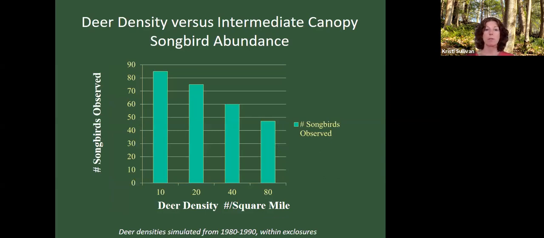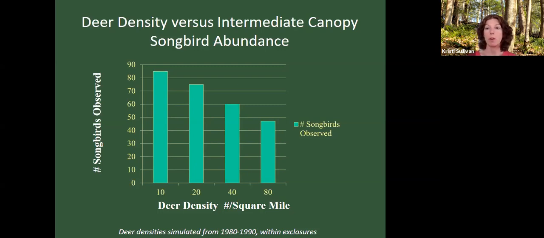There's been a lot of research over the years looking at how deer affect other wildlife species, and especially songbirds who rely on those different layers of vegetation in the forest. And this is a picture showing some research that was done at Allegheny National Forest in northwestern Pennsylvania. They actually enclosed deer at different, known densities of deer, and then looked at the effects that they had on the intermediate canopy songbirds.